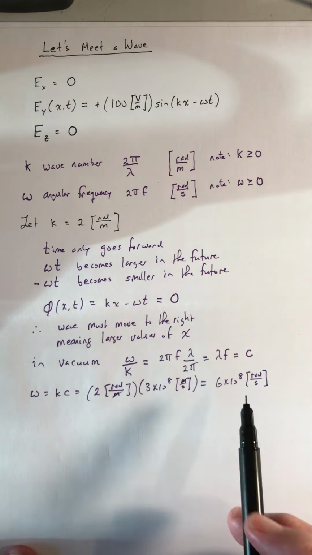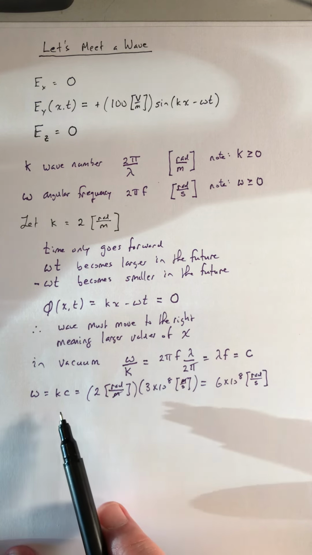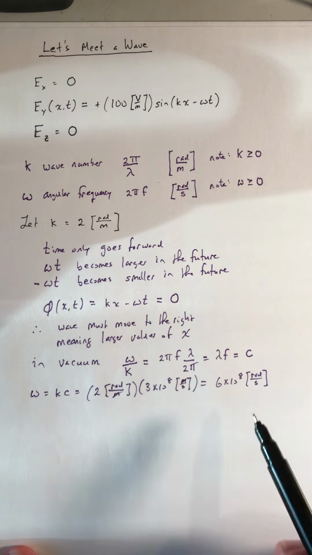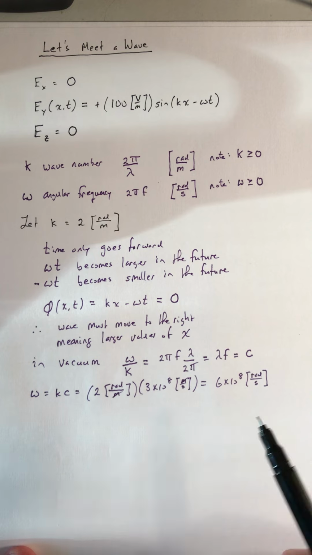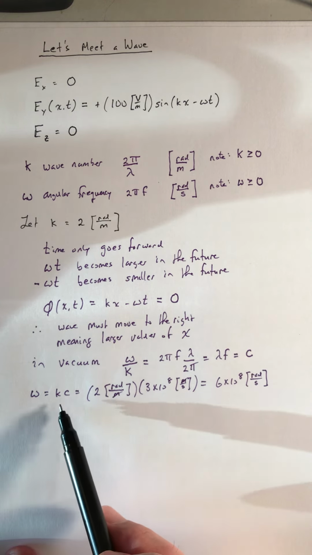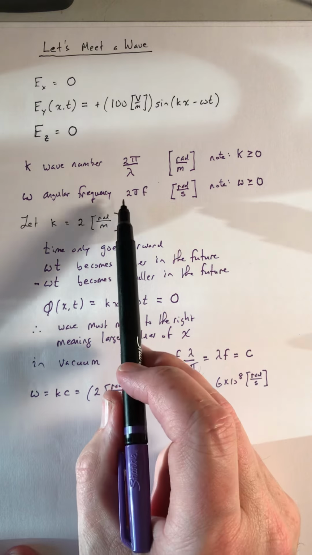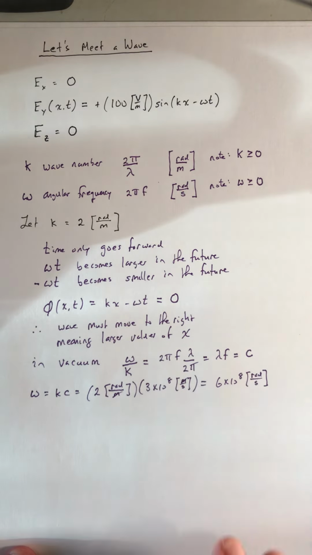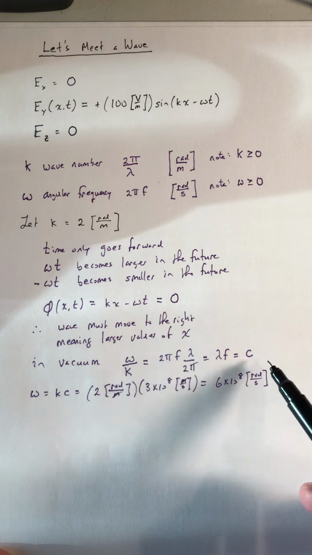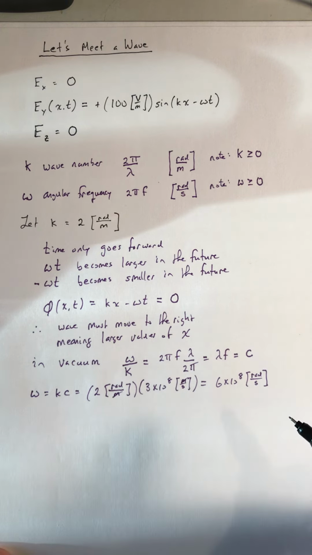And I'm using radians for omega and k to try to remind us that this is an angular frequency and this is a wave number. So they have those factors of 2 pi in them. But of course, a radian per second is the same thing as a hertz. A radian per meter is the same thing as an inverse meter, because radian is itself a dimensionless unit.